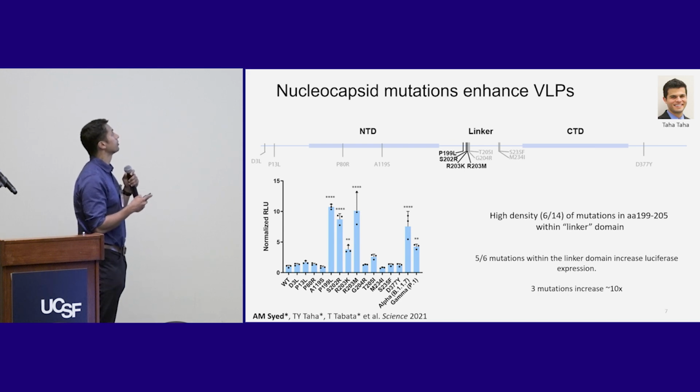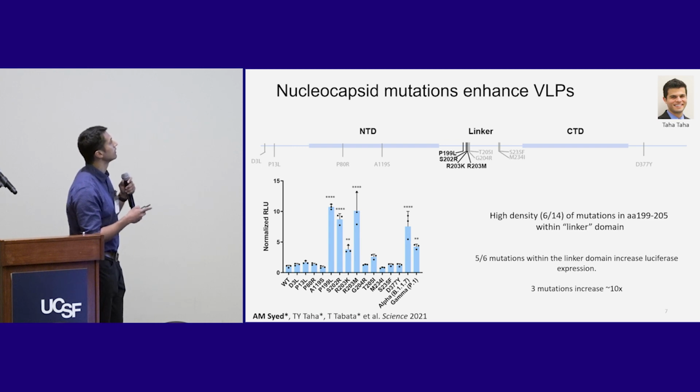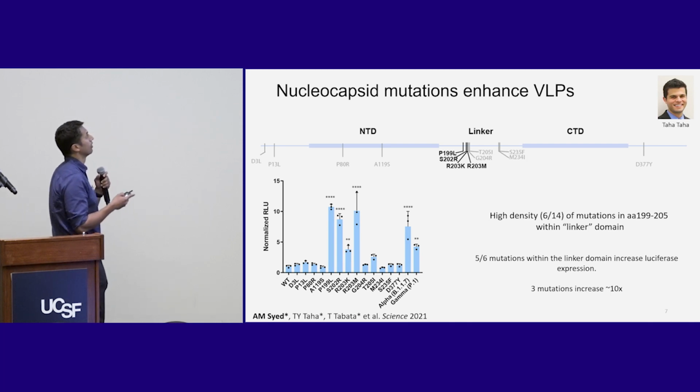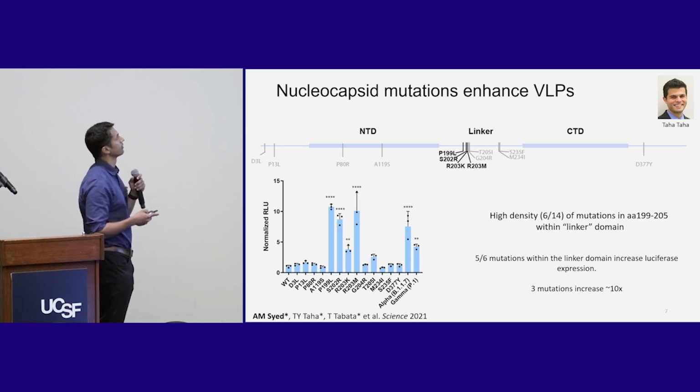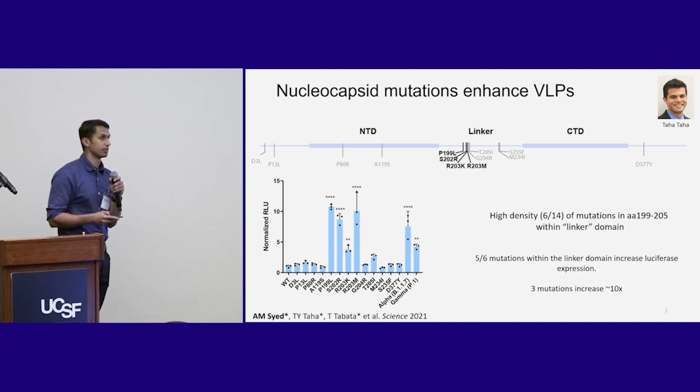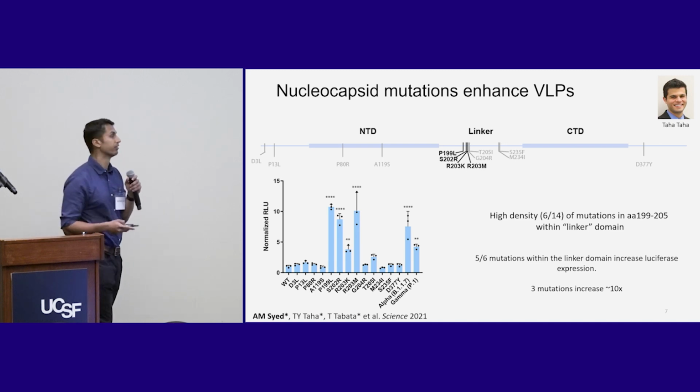So the nucleocapsid protein has 2 well-folded domains, often called NTD and CTD, or N-terminal domain, C-terminal domain. And then what I'm showing as thin lines are intrinsically disordered domains, and the one in the middle is called a linker. And in the middle of a very flexible serine-arginine-rich region, there were independent mutations in all the variants that have shown up since the beginning of 2021.